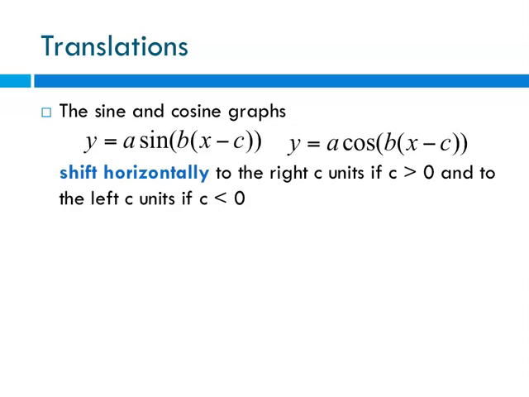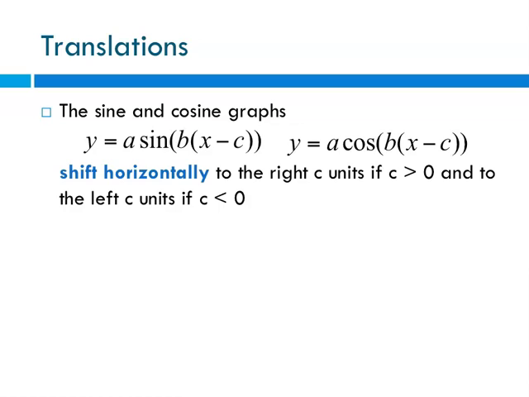Now notice here that the way that I've written it, that seems like normal, but if you look at the equation, it says x minus c. So the same still applies with transformations. If you see x minus a number, right, x minus a positive number, that's going to shift to the right. If you see x plus a number, that's really x minus negative whatever the number is, so that's going to shift it to the left.